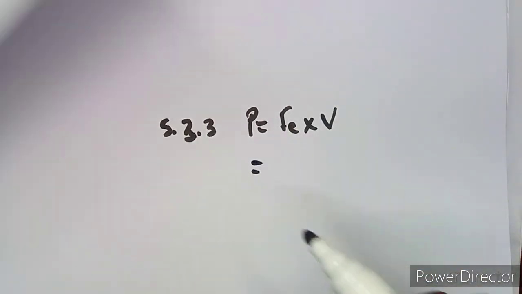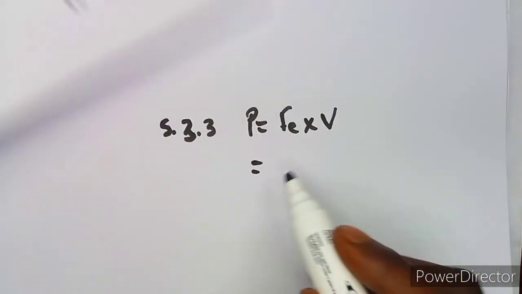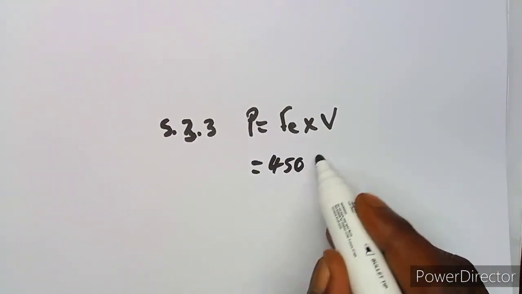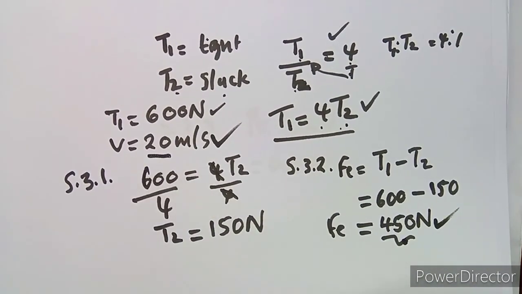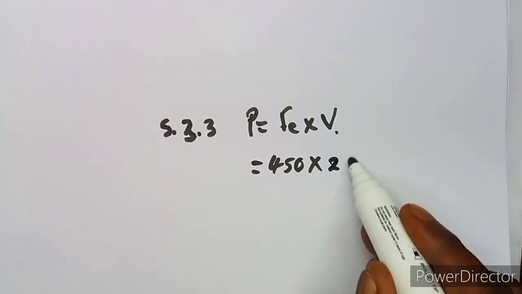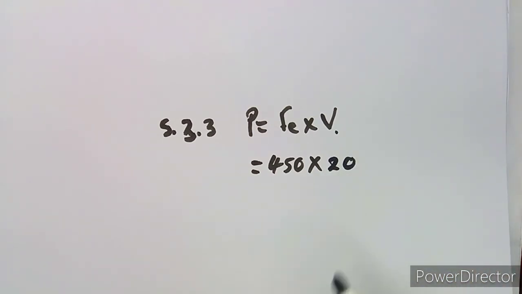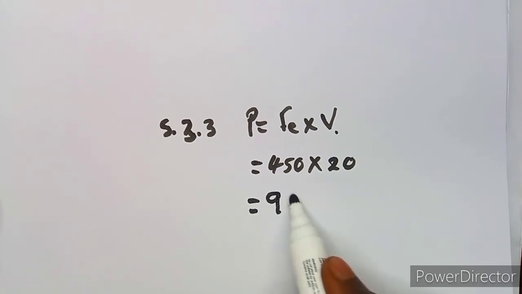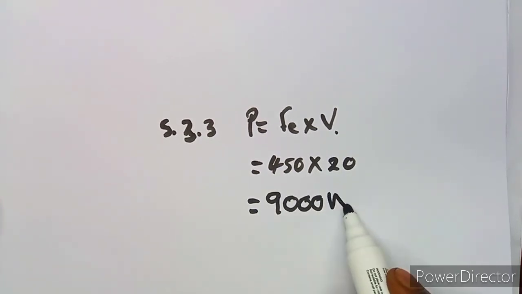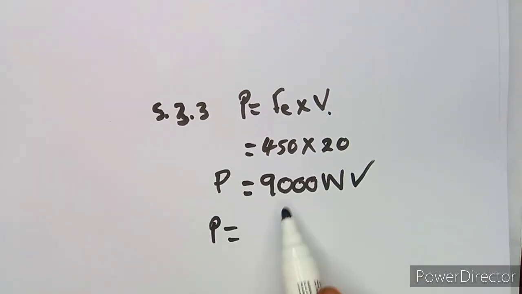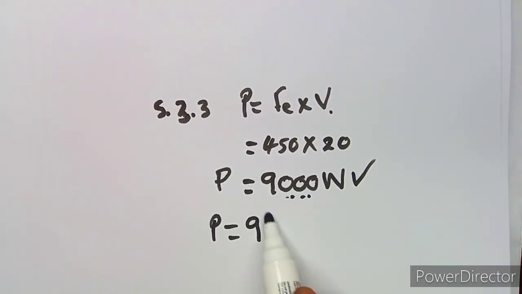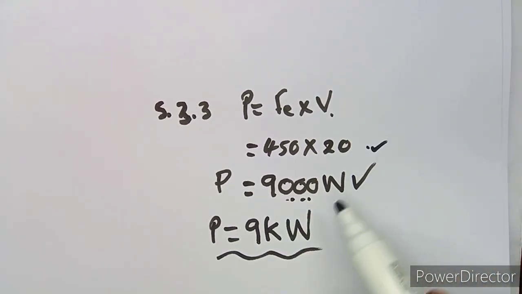So simply multiply the effective force of 450 by the velocity, which is 20 meters per second. By doing this, you find the power, which is 9,000 watts. Remember, power is measured in watts. You can write this in watts, or you can convert it to kilowatts by dividing by 1,000, which gives 9 kilowatts.